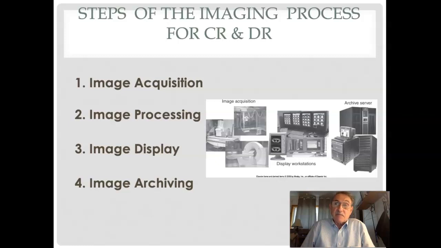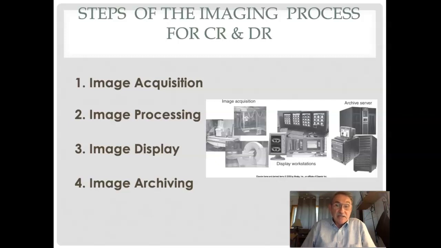For the purposes of DR, we are using the thin film transistor, and typically that may or may not be a cassette, but the processing for CR and DR is much different. And that's the second part of it, the way we process that electronic image in order to obtain the data that we have captured representative of the X-ray image and the anatomy, and how we can make it visible.